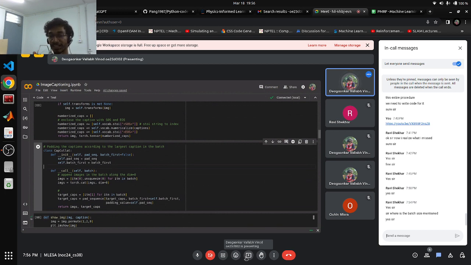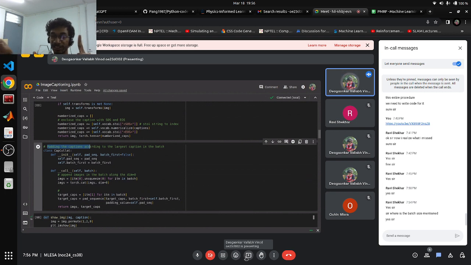To achieve that, I'm going to pad each of the captions in my dataset to the maximum number. So I will take a particular batch. In that, let's say the maximum number of words in a particular caption were 40. There was another caption which had only 10 words.